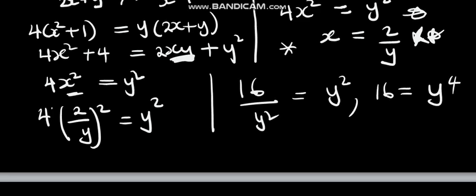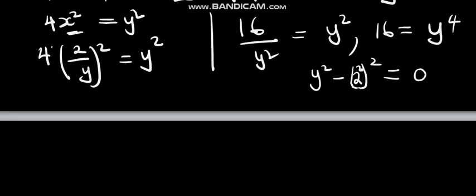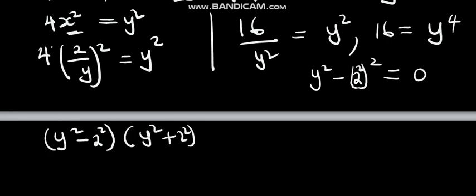So it is the same as saying (y²)² − 2⁴... that is, y⁴ − 16 is equal to 0, or (y² − 2²)(y² + 2²) = 0. Are we together? So we shall get (y − 2)(y + 2)(y² + 2²), and the answer will be 0.